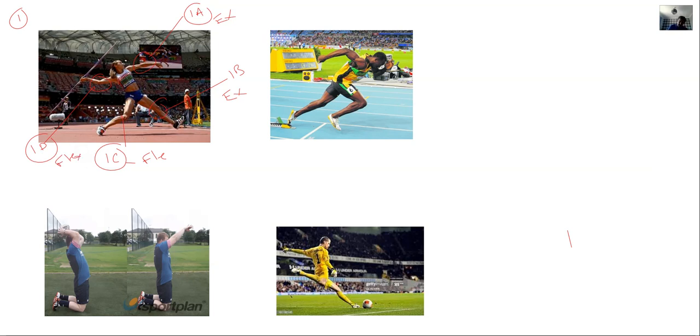Okay, let's do the same with Usain Bolt, please. A little bit more difficult this time. So I'm going to go for 2A with Usain Bolt. Okay, this is the ankle here. What movement is occurring at that point? I also want us to think about the hip joint here, 2B, and then what is happening at the elbow joint for 2C.